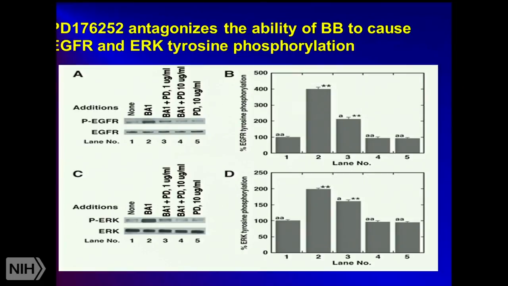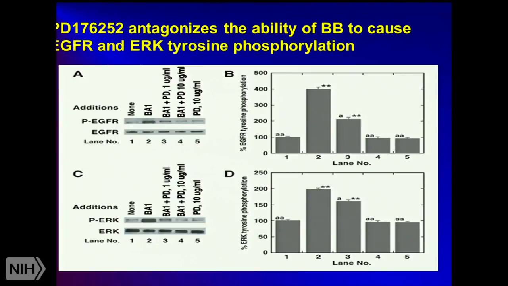And another thing that the GRP receptor can do is it can cause transactivation of the EGF receptor. We saw previously that prostaglandin E2 will do this, but GRP will also do this. And the increase in EGF receptor tyrosine phosphorylation is very quick. It occurs within a minute.